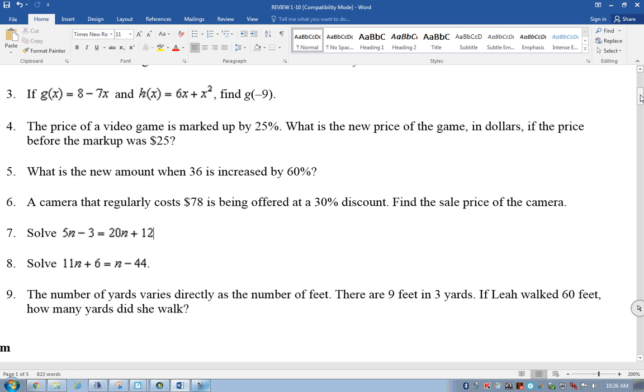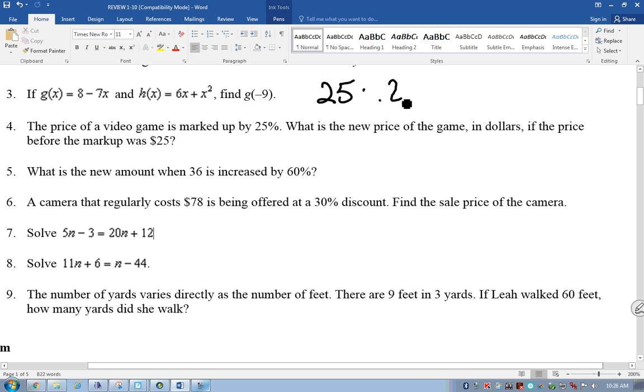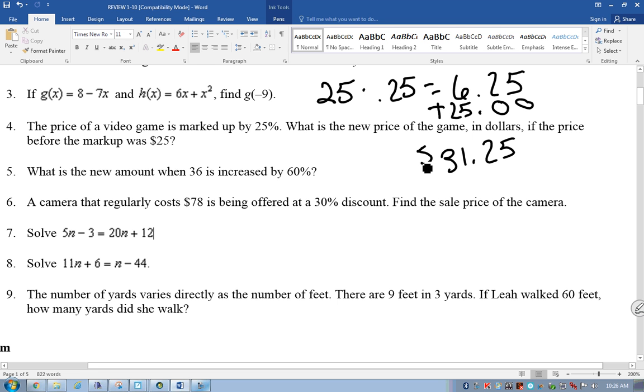So what is that? 25 times 0.25 equals 6.25. What am I going to do with 6.25? Add it to 25. So 6.25 plus 25 is $31.25. Okay, we good on that?